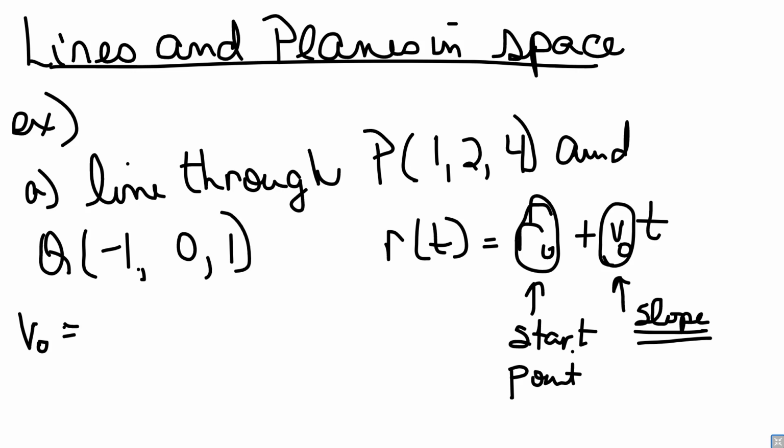In order to find our slope, V sub 0 is going to be a vector. So we're going to create a vector for the slope, which we define as vector PQ. If we create vector PQ, for the i component it's going to be -2 in the i direction.